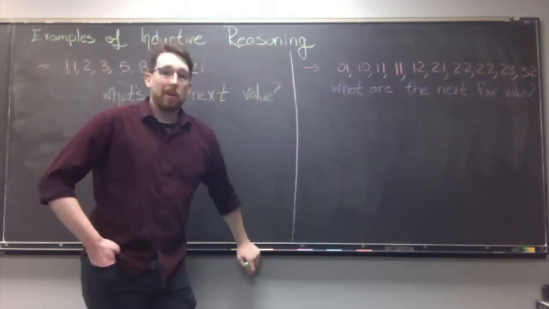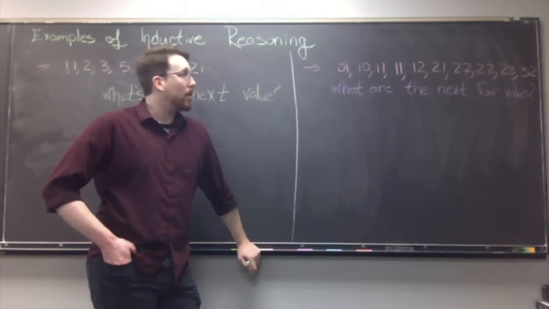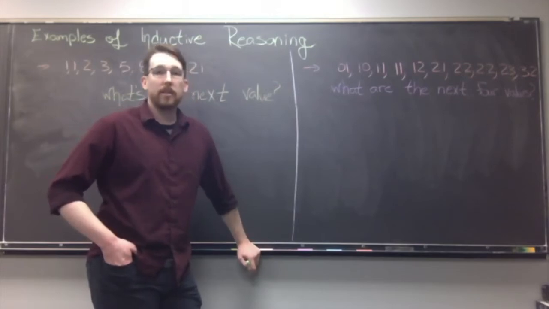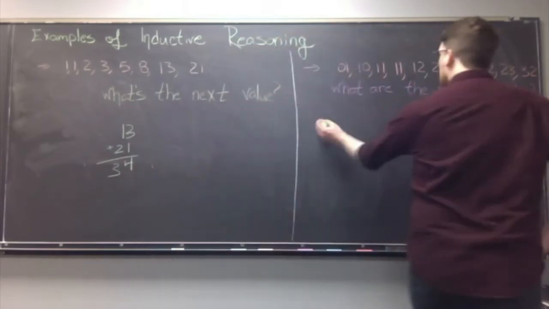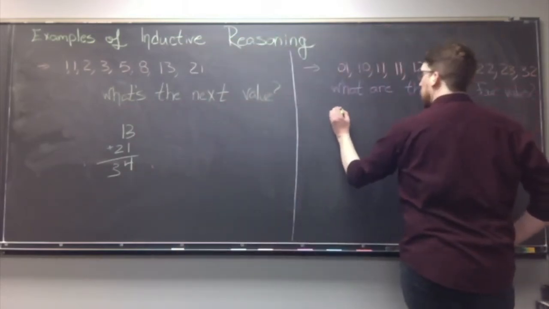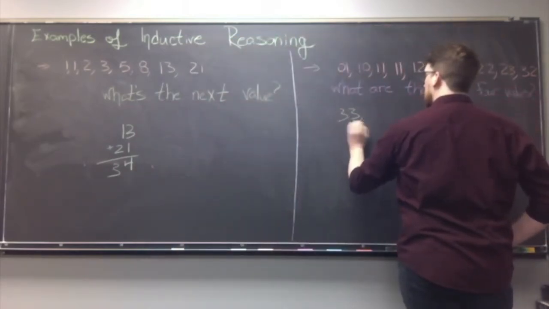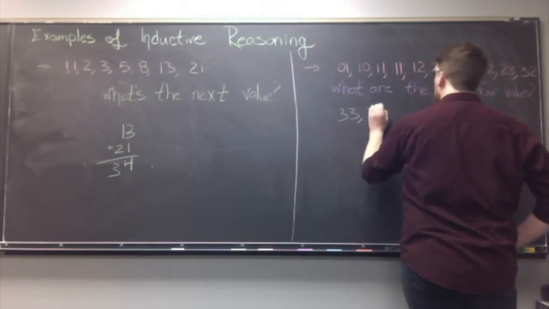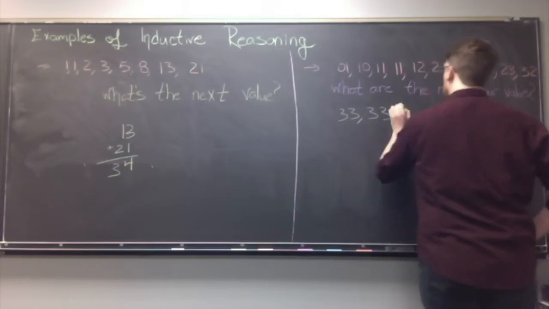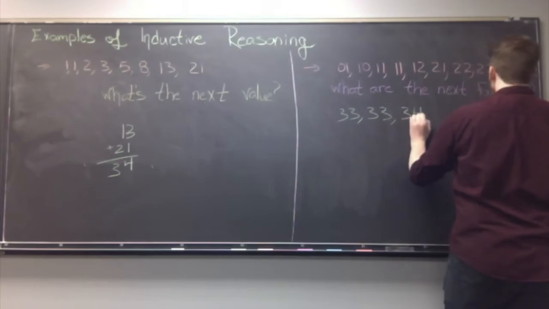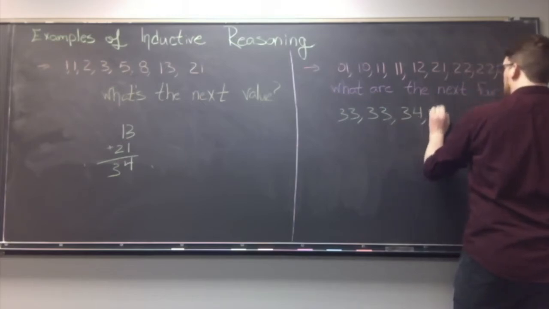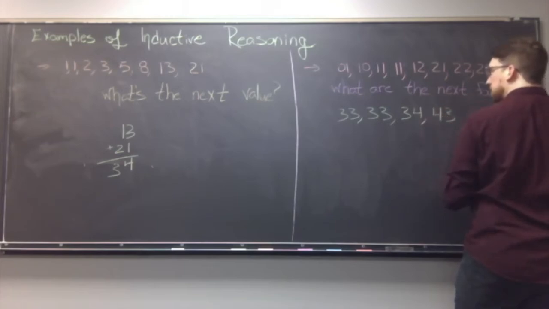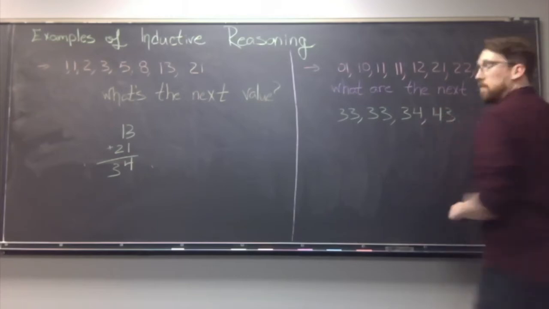So we might logically assume that the next four values in this set of numbers would be something like 3, 3, 4, 4, 3, so forth and so on.